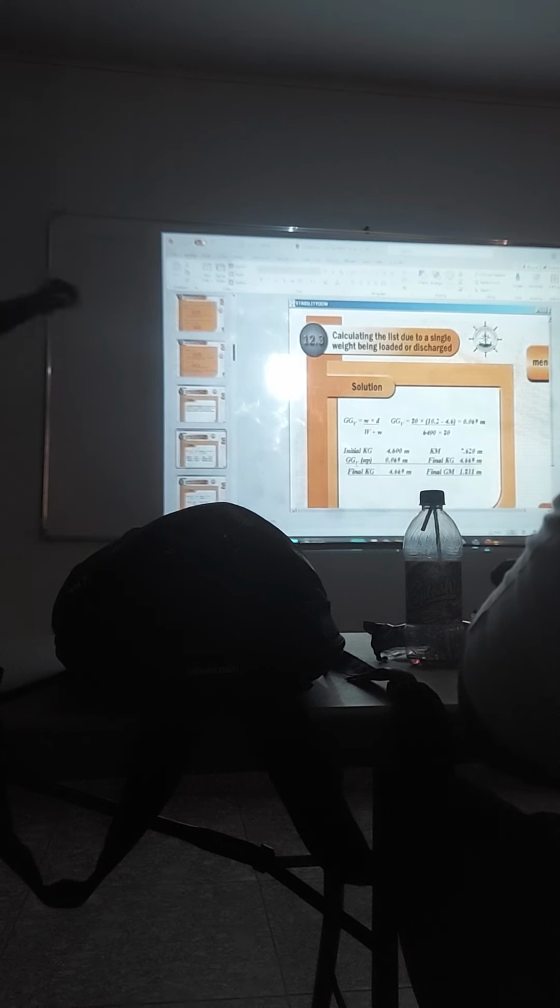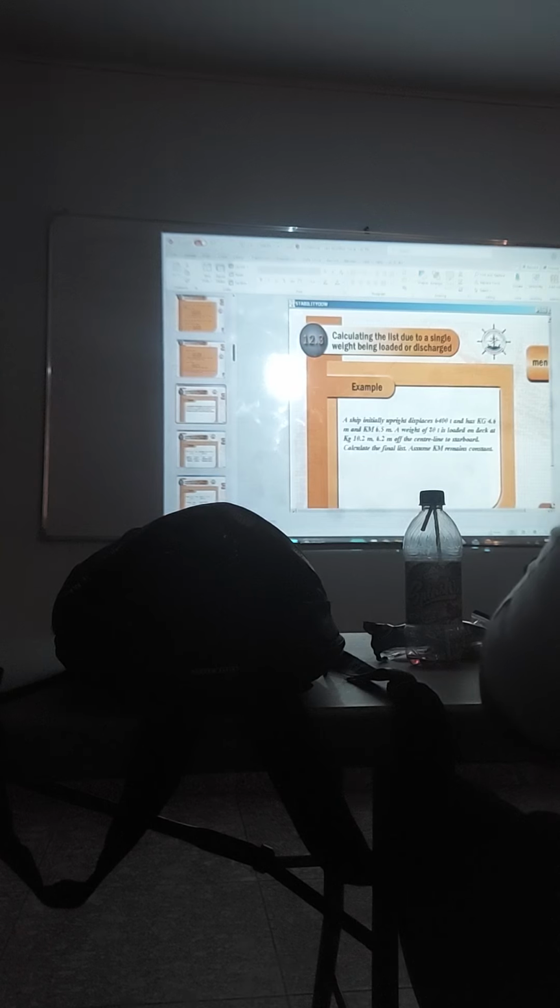Is there anything that you guys don't understand in this problem here? Go back to the question. I read it. Good. And a weight of 80 tons is loaded on the deck. Right? If the weight is loaded, you get a vertical displacement, or the ship is going to be submerged deeper. So in this one formula, why is it a small w?